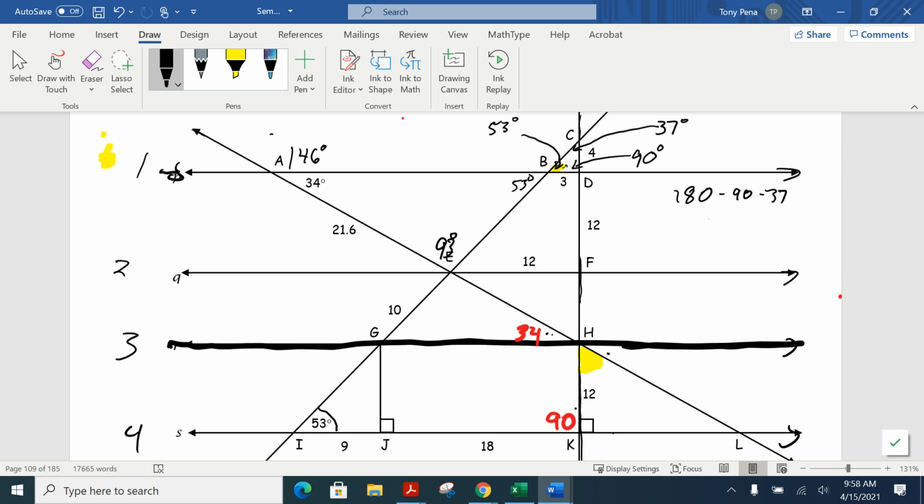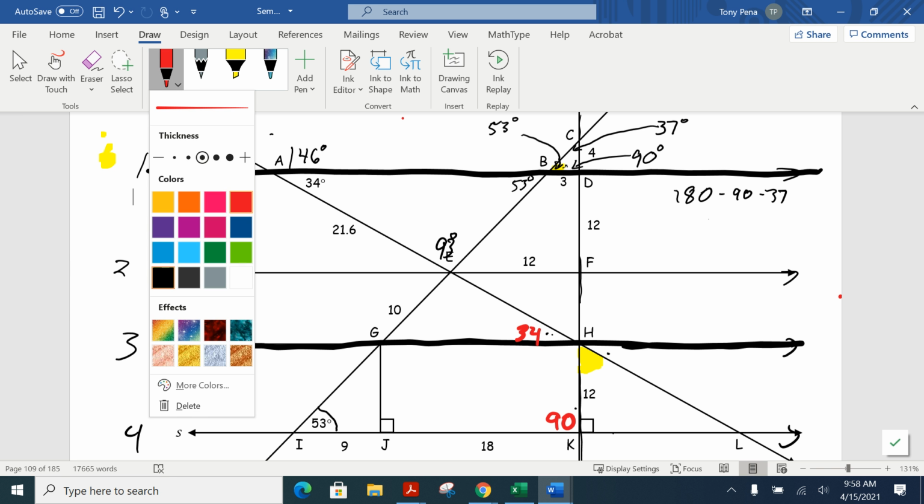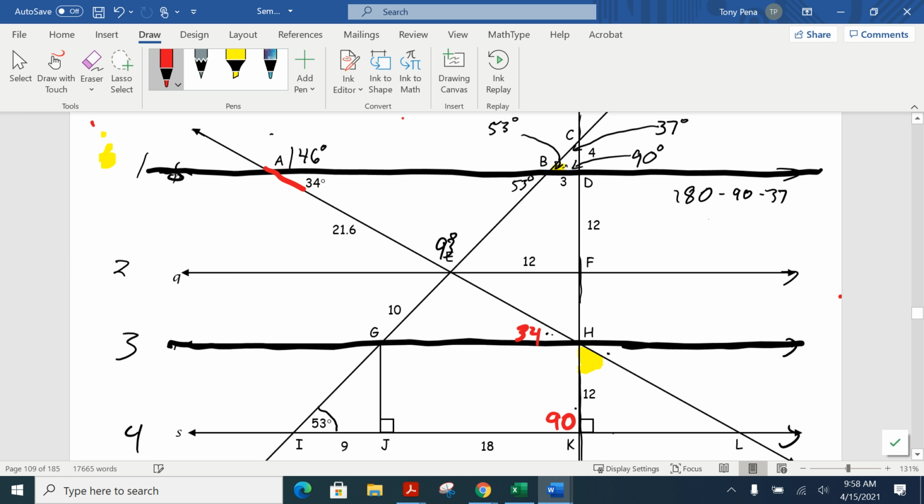And then there's a couple different routes we could take here. I'm going to go up to this one. And then let me draw in our transversal. Yeah. Here. Actually, you know what?